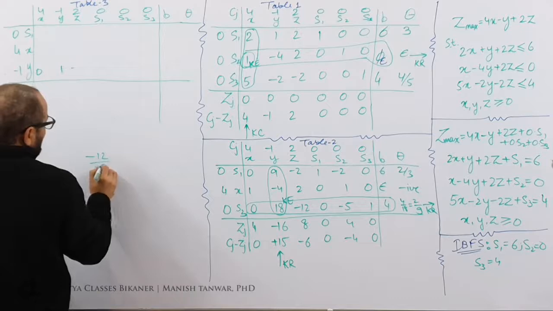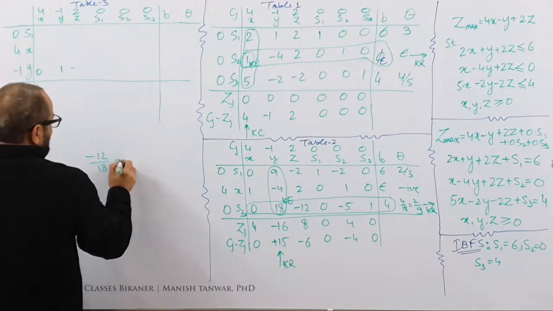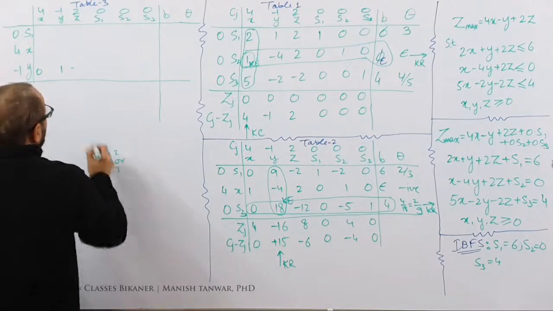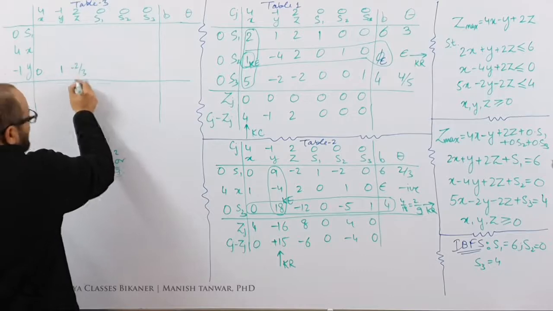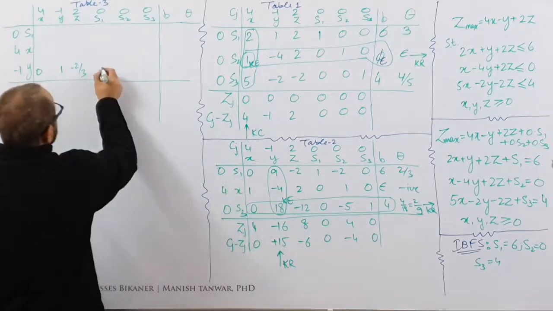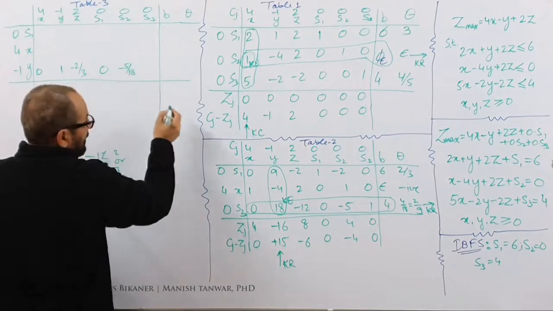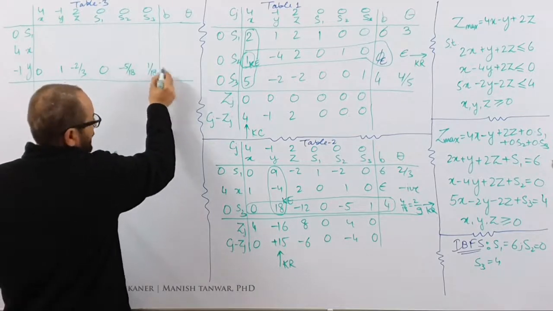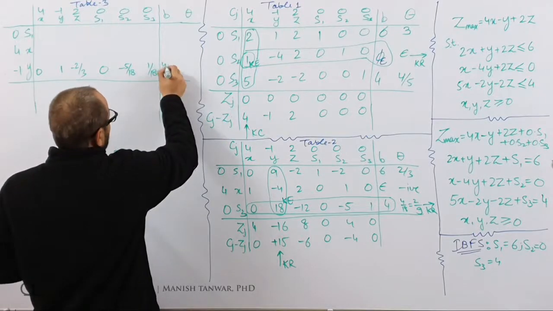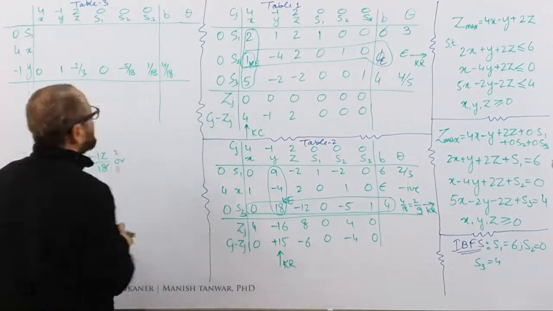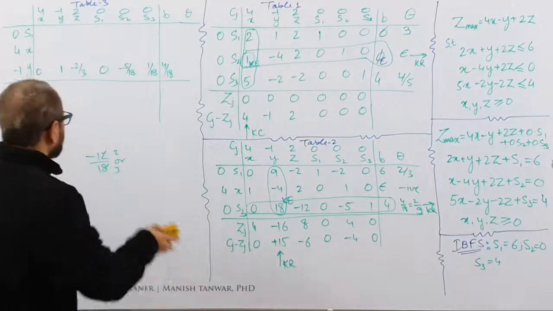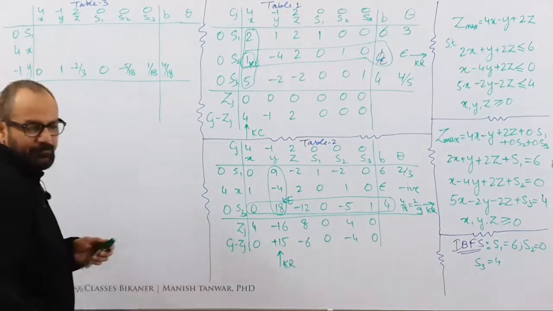Minus 12 by 18, or we can say minus 2 by 3. And this will be 0, a minus 5 by 18, and a 1 by 18, and the last one would be a 4 by 18. So this becomes our key row.